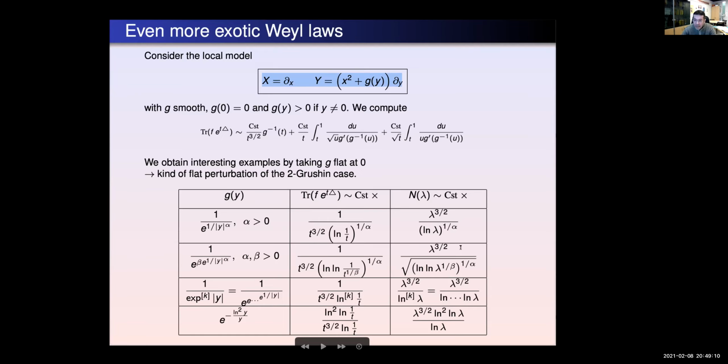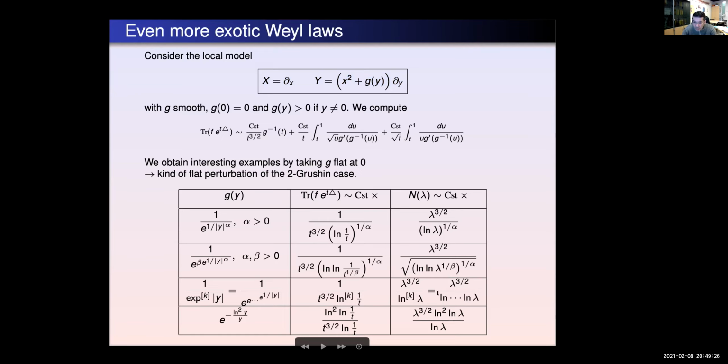And in that case, you can see at the right what you obtain as a possible counting Weyl law. So you see that we start to obtain quite exotic Weyl laws.